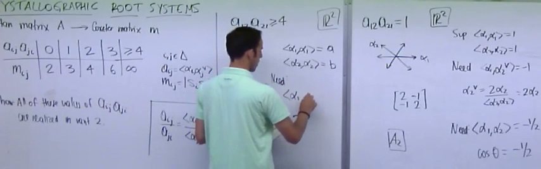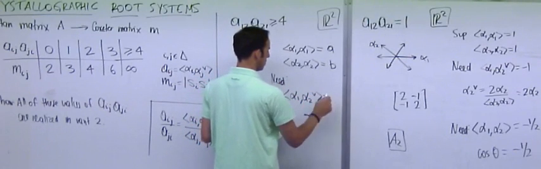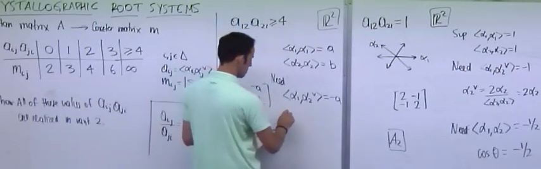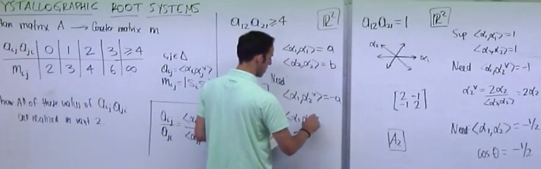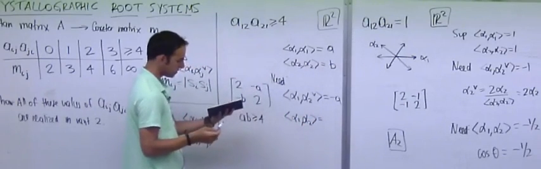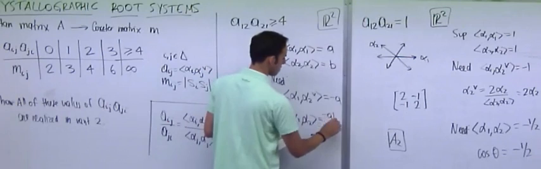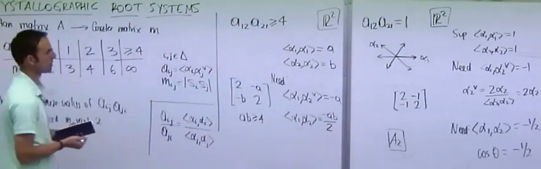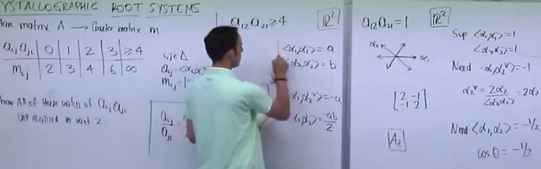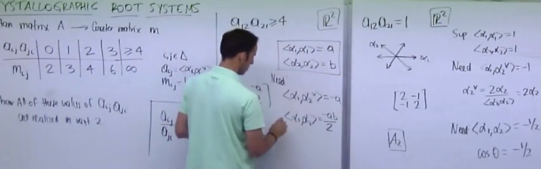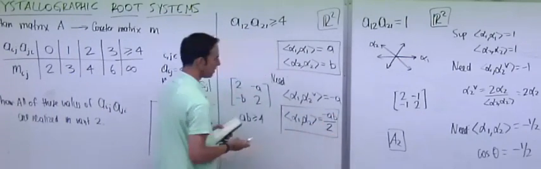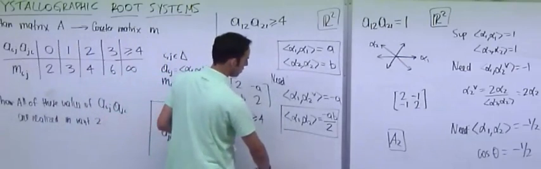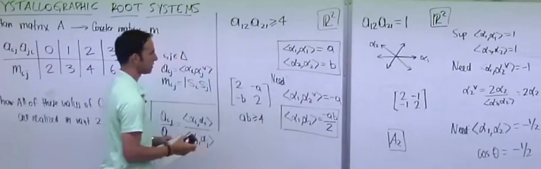We need that alpha 1 comma alpha 2 check is equal to minus A. And if you compute what this means for alpha 1 comma alpha 2, you find that this is minus AB over 2. Okay? And so the question is, can I find 3 vectors like this?